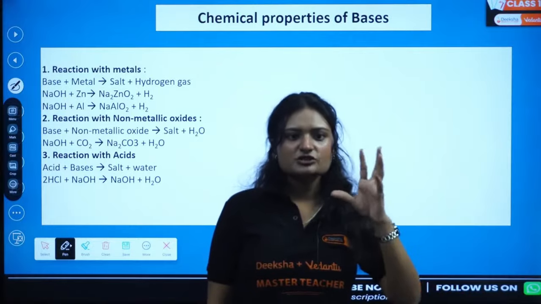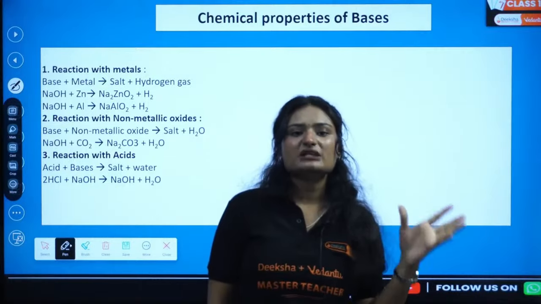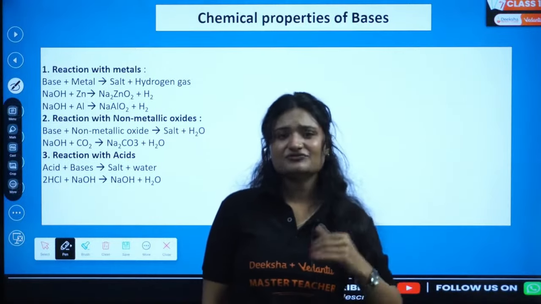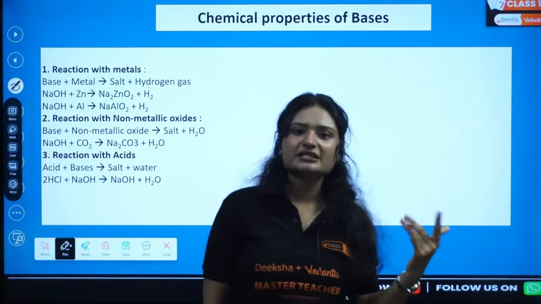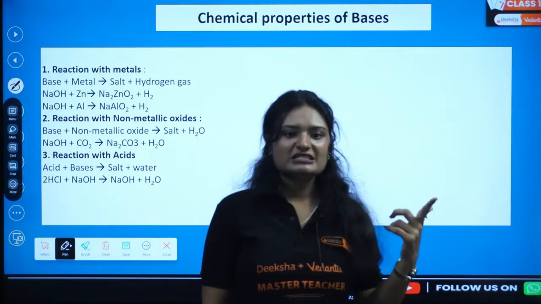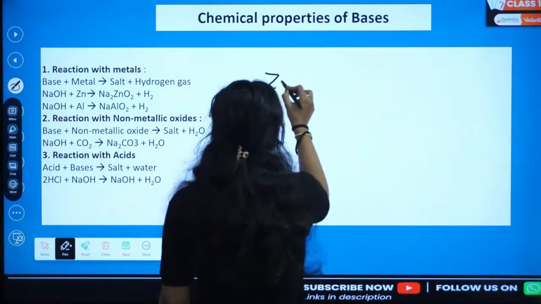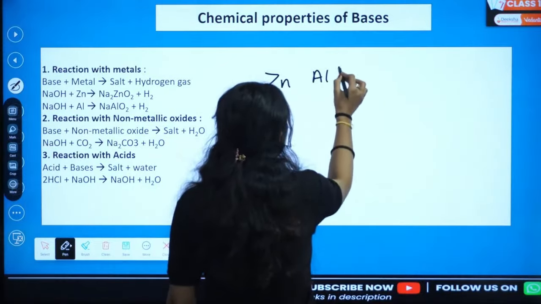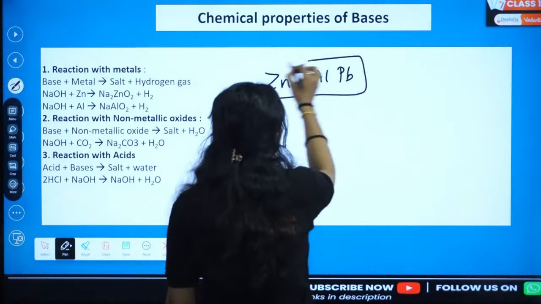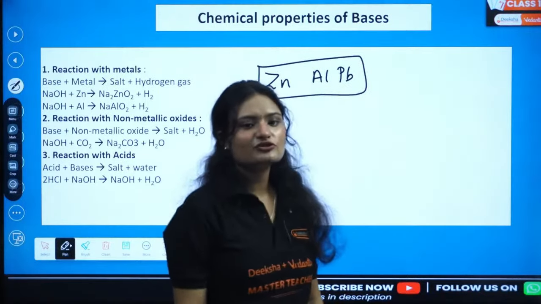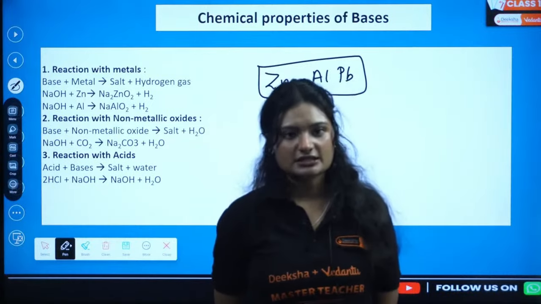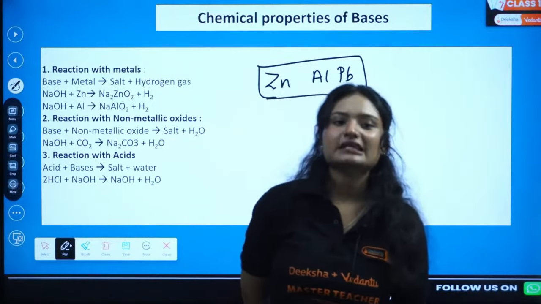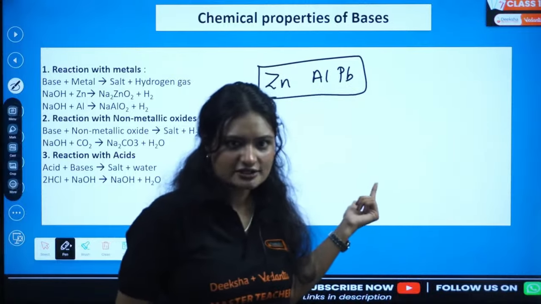Amphoteric metals react with both acids and bases. That means if they are reacting with a base, they will be the acid, and if they are reacting with an acid, they will be the base. For example, zinc, aluminum and lead are all amphoteric in nature. So what do we get? Salt and hydrogen gas, similar to the reaction with acids, right?